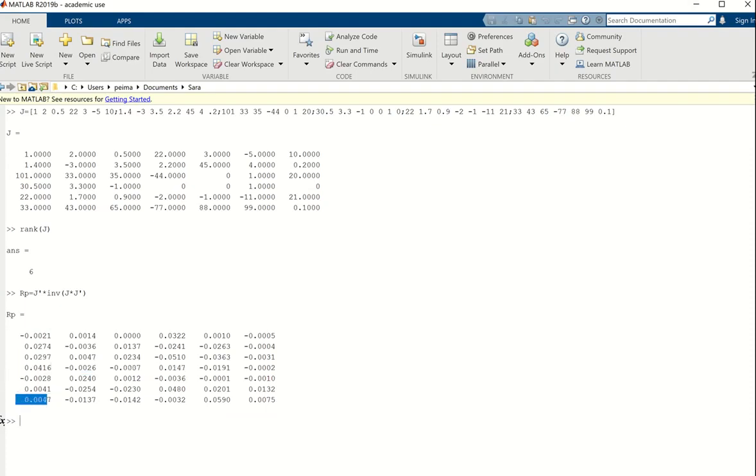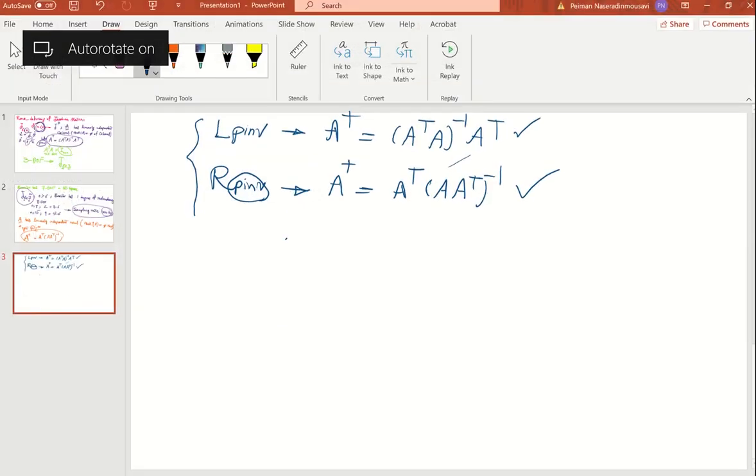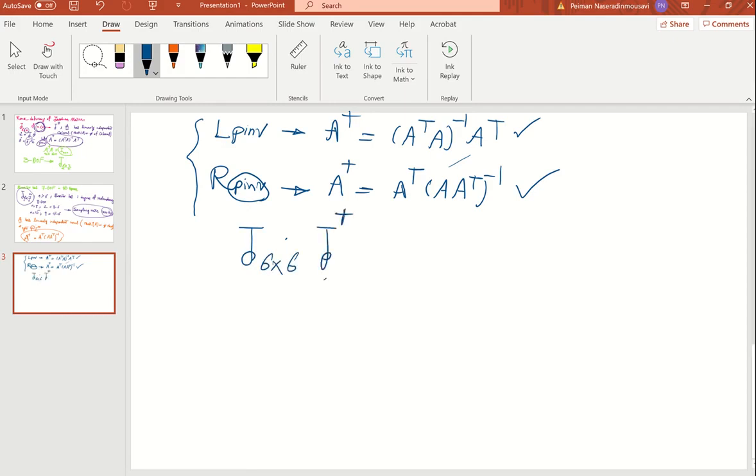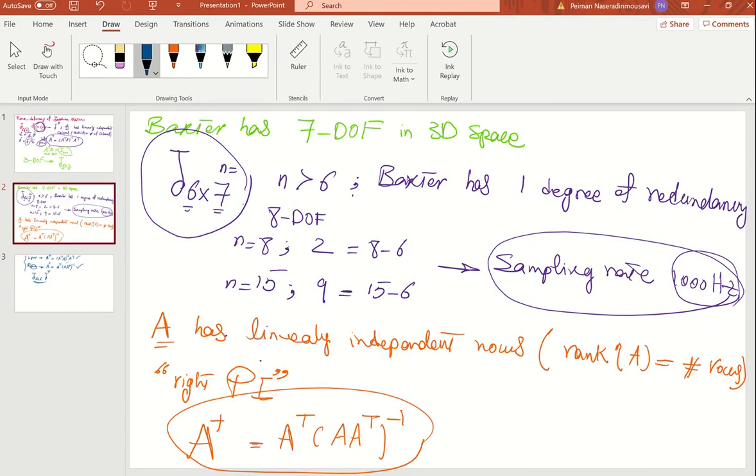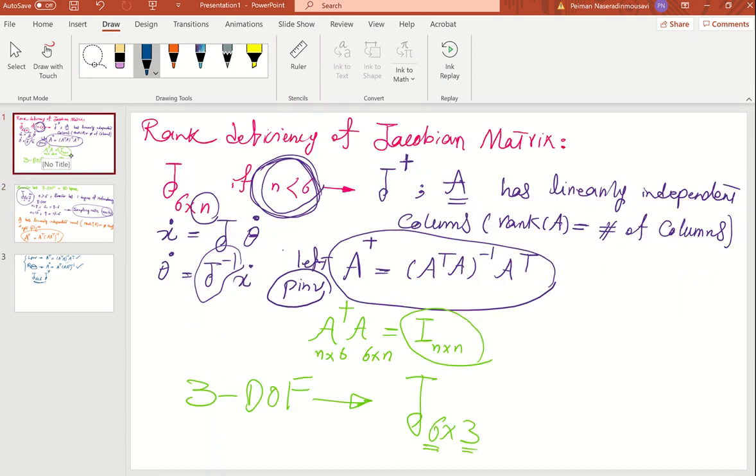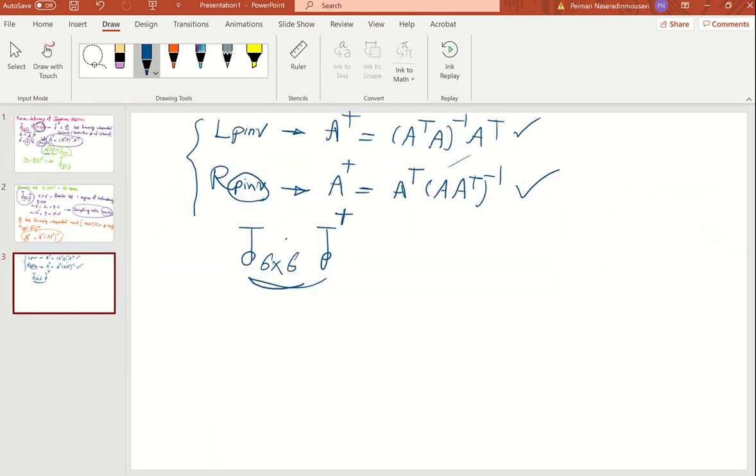So now let me go back to the notes, because I go one by one for the Baxter. Suppose for the Baxter that J is 6 by 7. You have to multiply by the pseudo inverse, the right pseudo inverse. You are multiplying from the right. Remember, before we were multiplying from the left, here we are multiplying from the right.